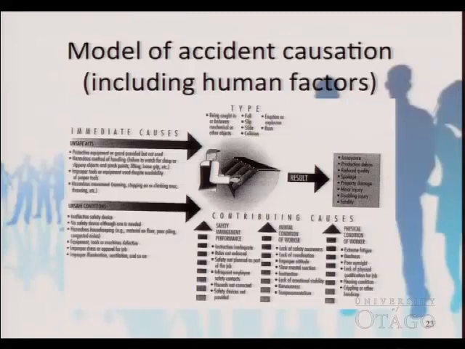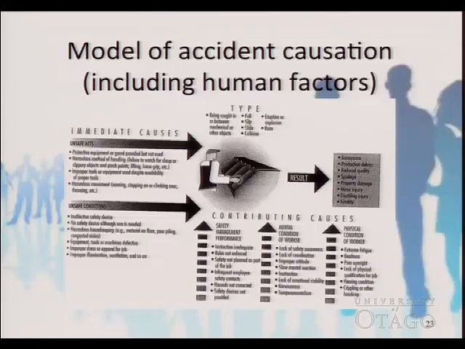By investigating such factors, the root causes of the injury can be isolated and necessary steps taken to prevent that injury in the future. In this model, the root causes are grouped as immediate causes and as contributing causes.